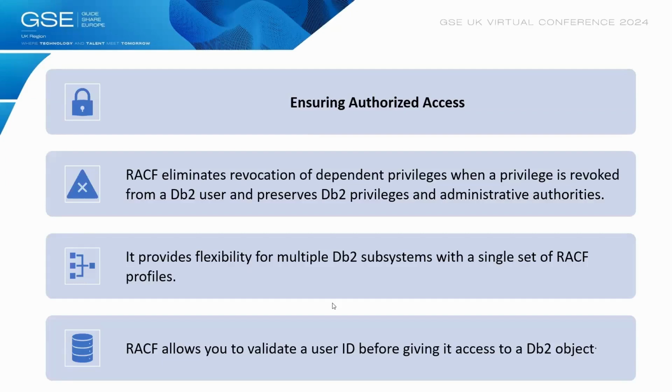RACF especially simplifies the process of revocation of dependent privileges. With native Db2 security, removing all the trees of the securities is quite a cumbersome task. With RACF it is much easier to achieve.